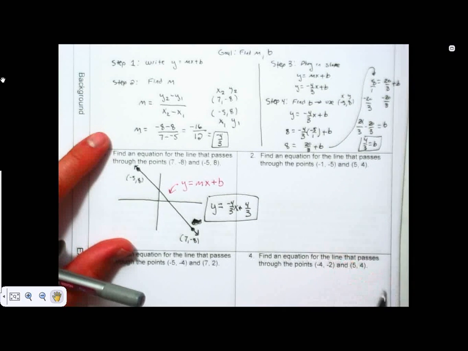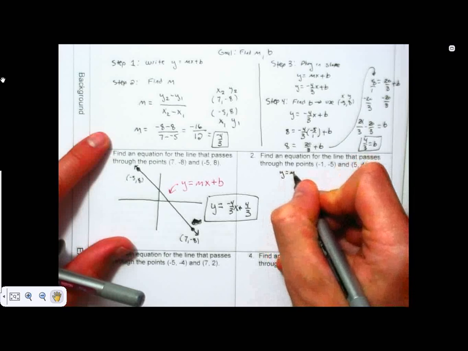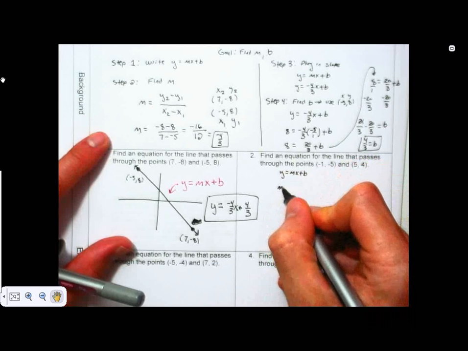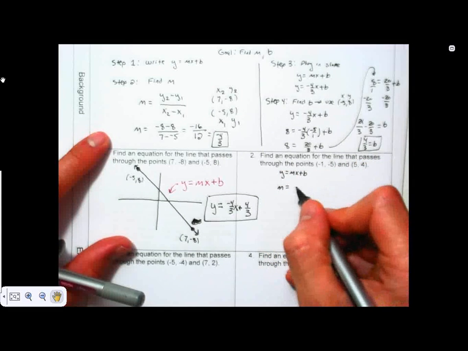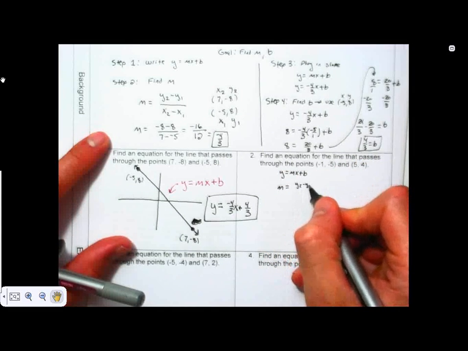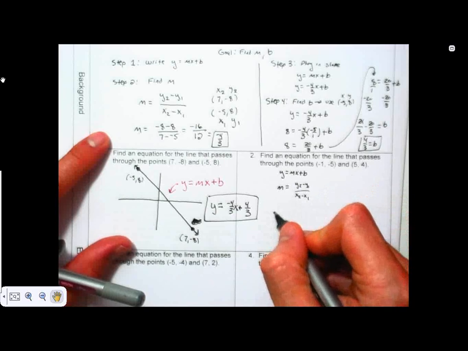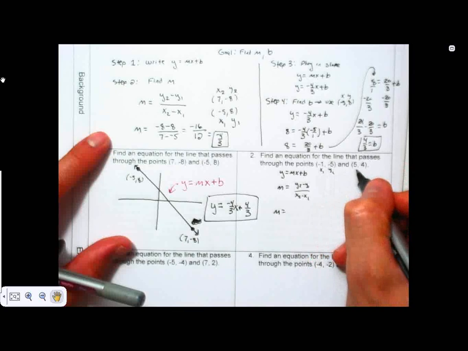So for number 2, again, I always start out by writing my y = mx + b. The next thing is to find that m value. So m equals y2 minus y1 over x2 minus x1. In this case, I'm just going to label x1, y1, x2, y2.